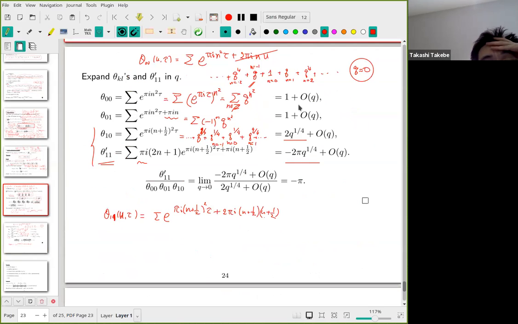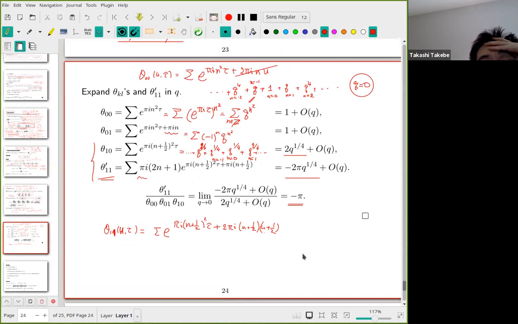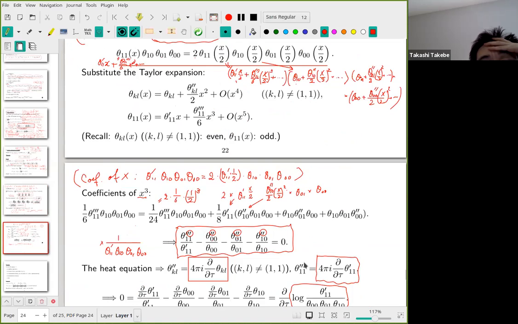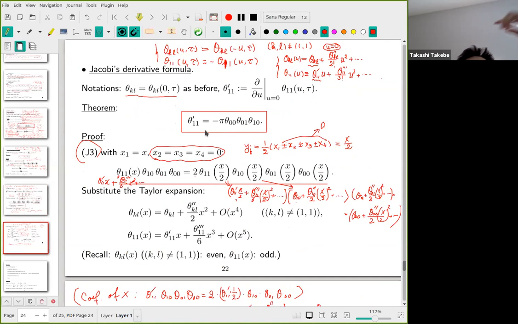So just put them into this, and the numerator is just like this, and the denominator becomes like this. So when q goes to 0, it is just -1, no, sorry, minus pi. So we obtained such a good relation.